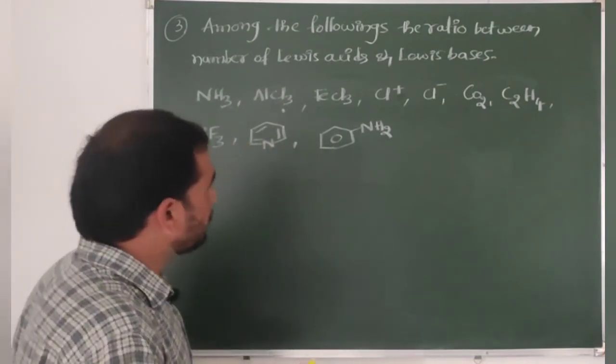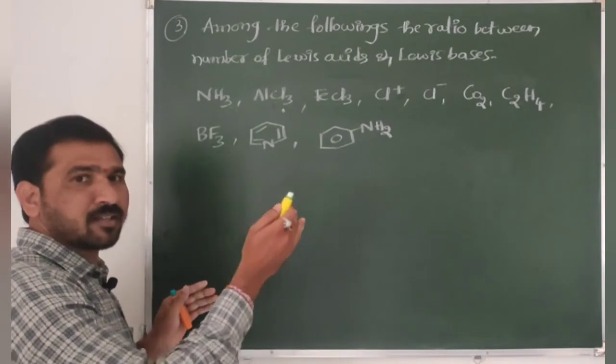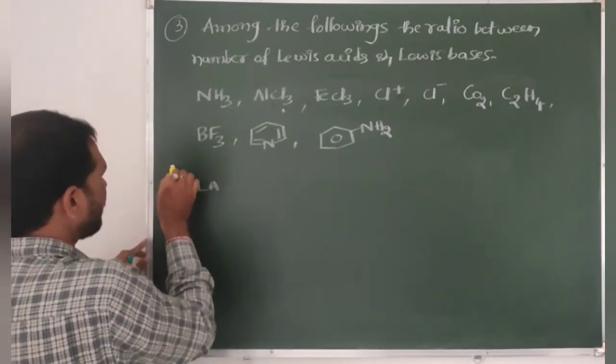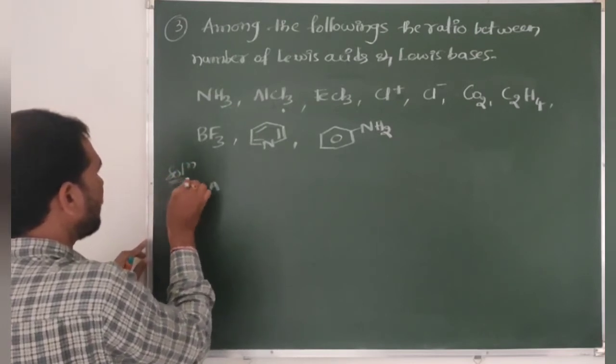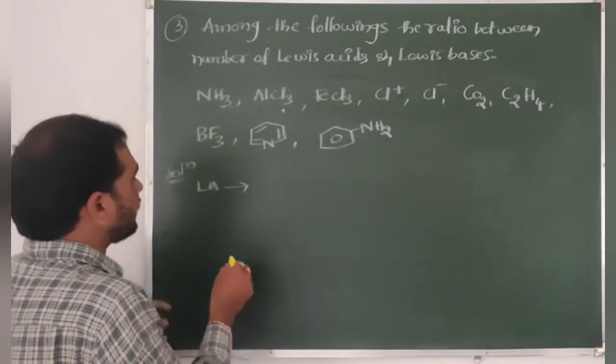So first of all, we have to gather acids and bases, then count them and take the ratio. Therefore, first the Lewis acids: AlCl3.